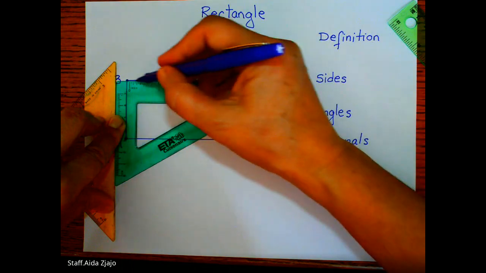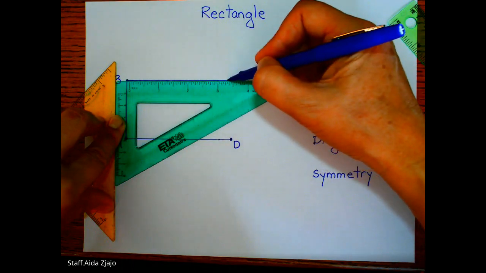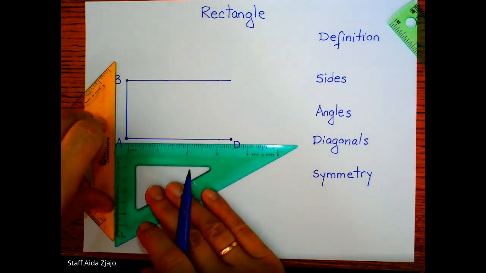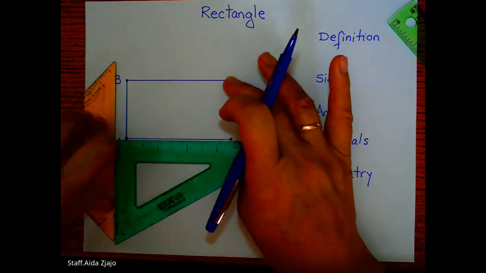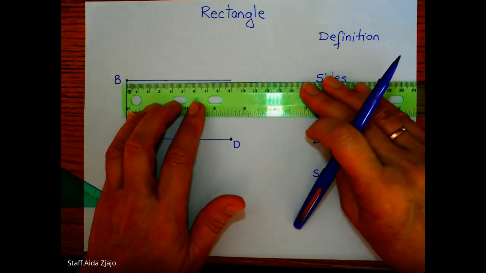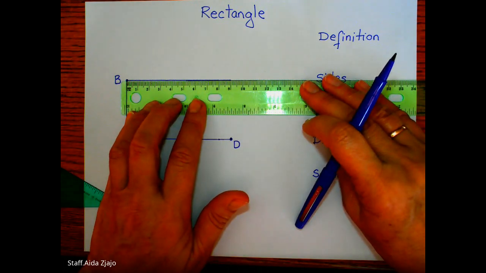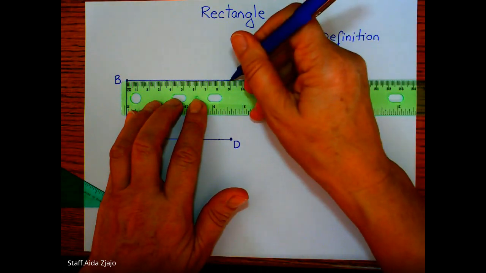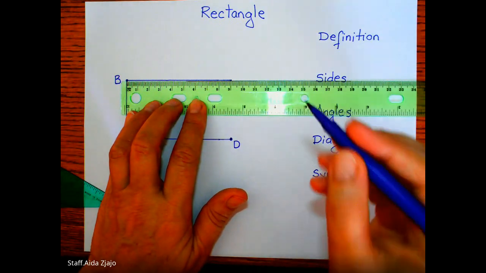I will go approximately close to where I need that point, and then I will take my ruler and measure 9 centimeters. So here's an 8. I actually did it perfectly. I don't need to add more.